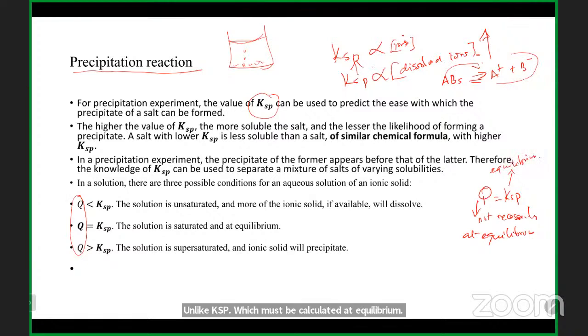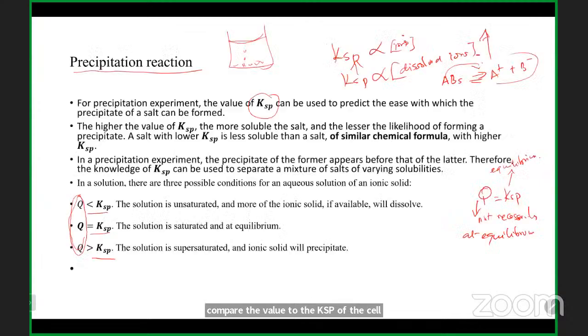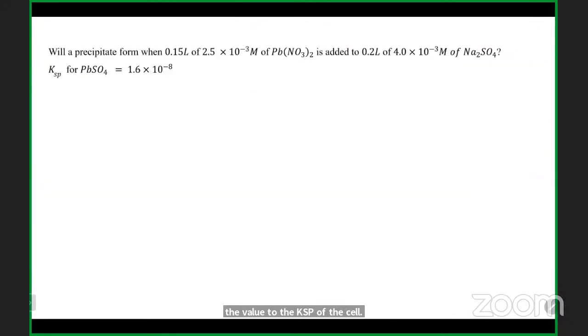If you know the concentrations of the ions that you are adding, you calculate Q and compare the value to the KSP of the salt. Let's quickly work an example. I'm going to take about 5 minutes of your time.